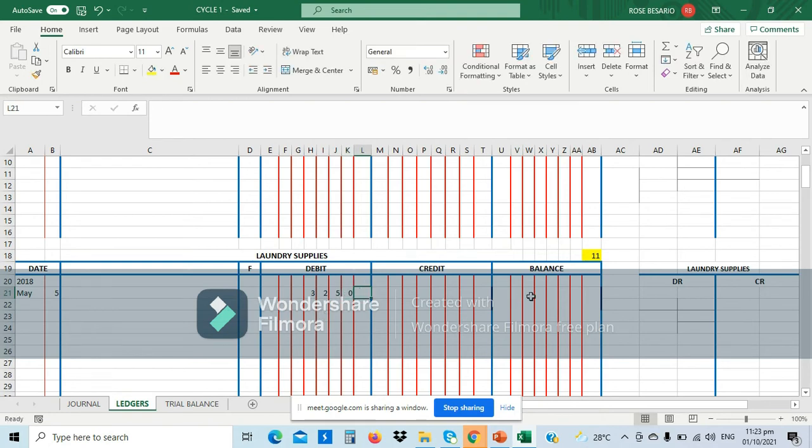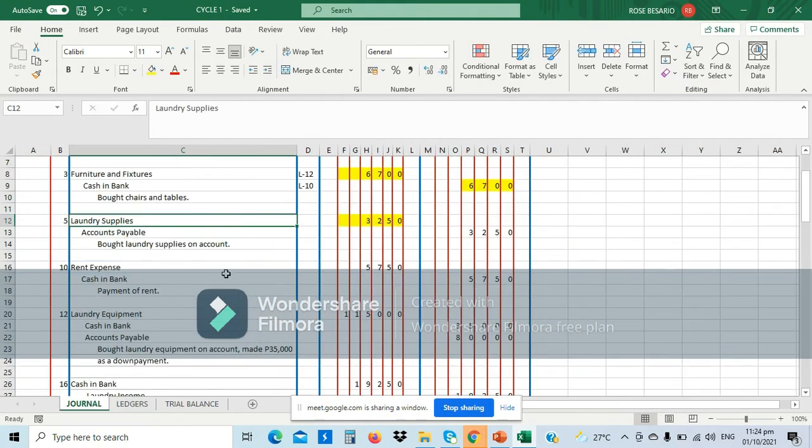Okay, and then extend 3,250. And then also, this is coming from J, journal page 1. And then in your laundry supplies account, you will also have here an entry of May 5, 3,250 debit.